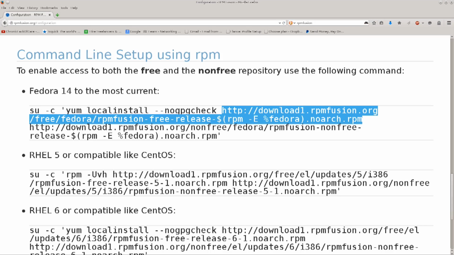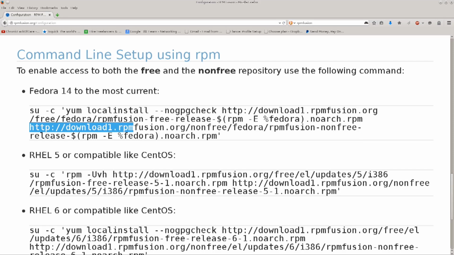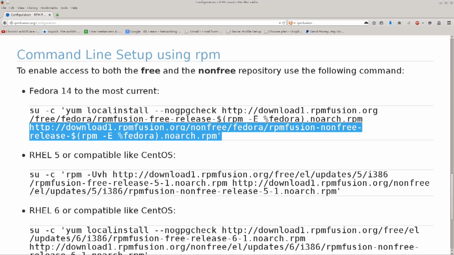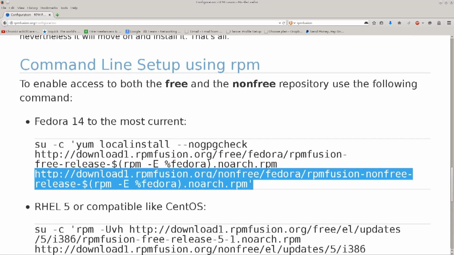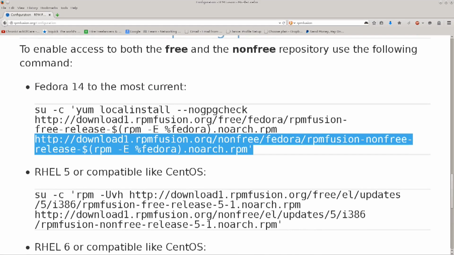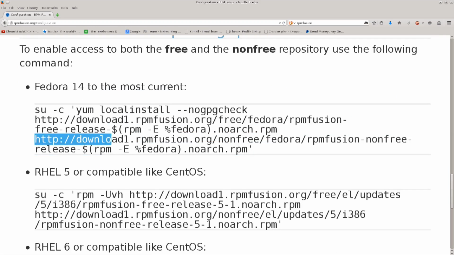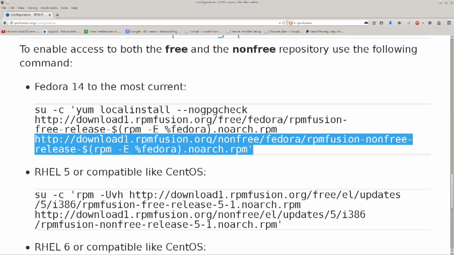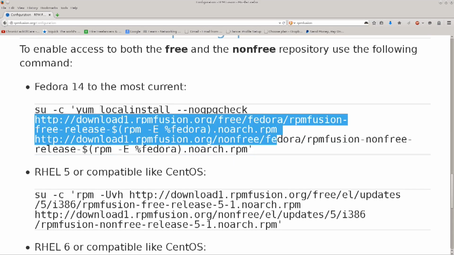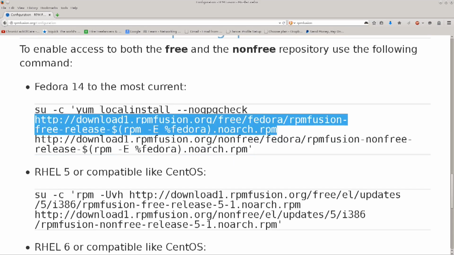And down below you have the second address, again download.rpmfusion.org, and it says non-free. So I'm highlighting the entire thing here. Let me just zoom it in a bit more so everybody can see. And there you go. They're not completely different addresses, but they are definitely different addresses referring to different types of repositories.